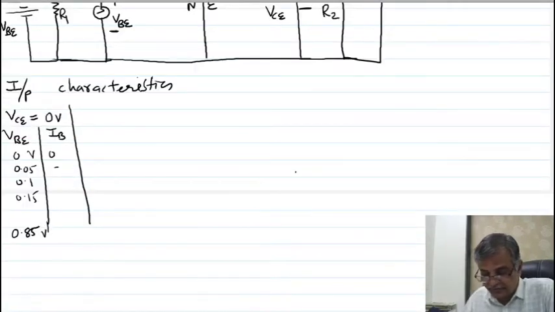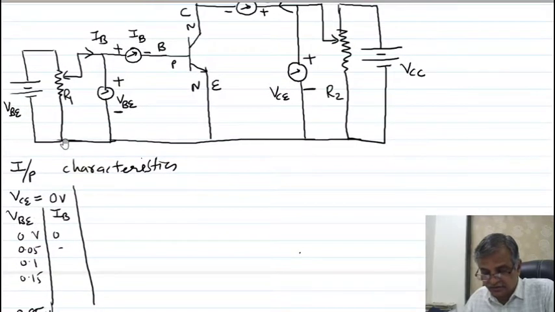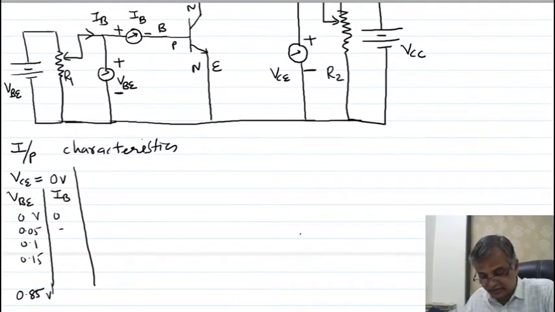In a suitable step, vary the base emitter voltage with the help of rheostat R1 and note down the corresponding value of the base current. So this I have noted down.